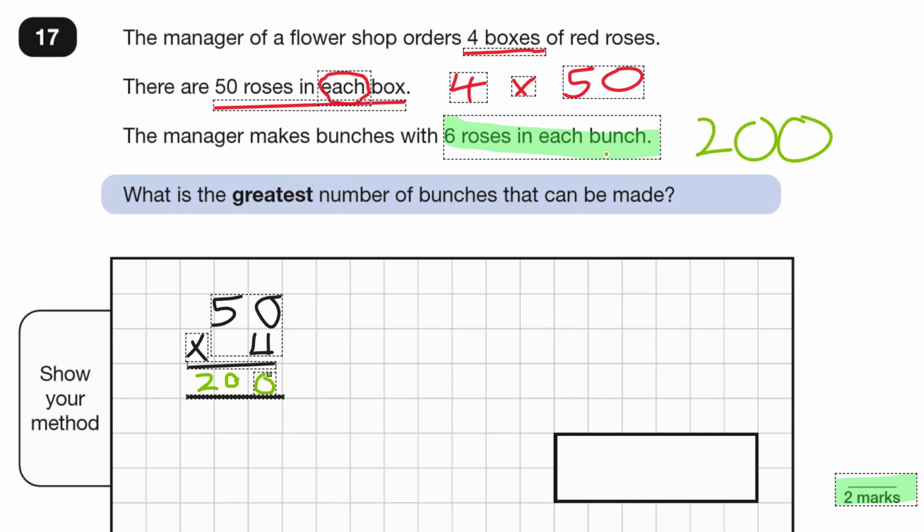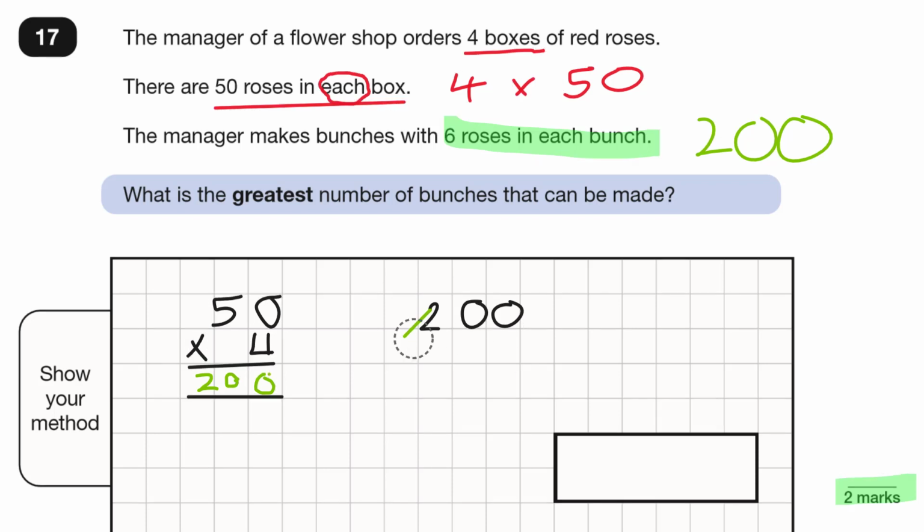And the manager makes bunches of 6 roses in each bunch. So from that 200, she's using 6 at a time to make a bunch. So this is a division. So we now need to do 200 roses, and if we were to do bunches of 6, that means that we have to divide by 6.